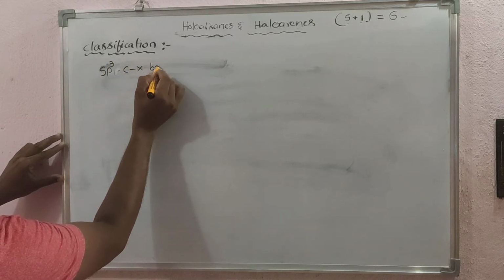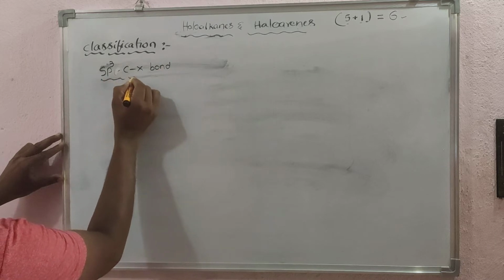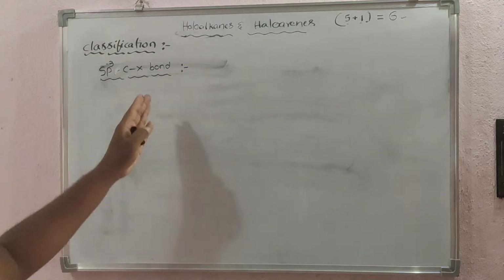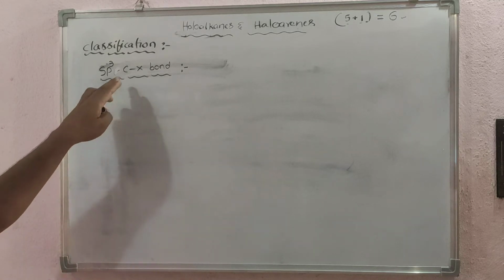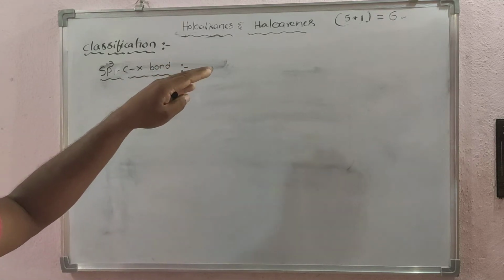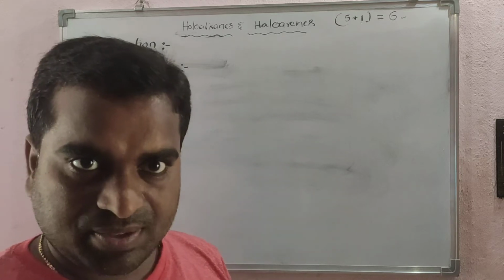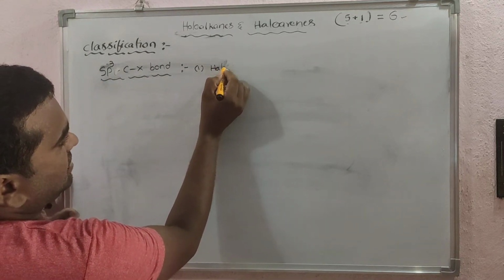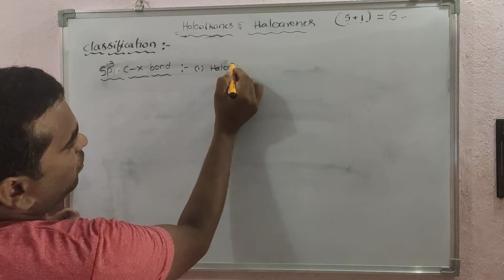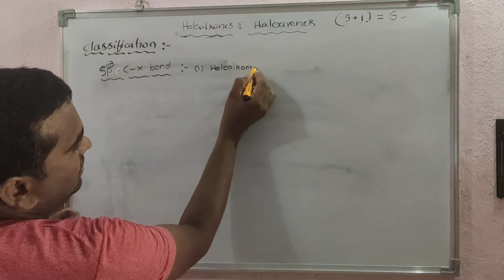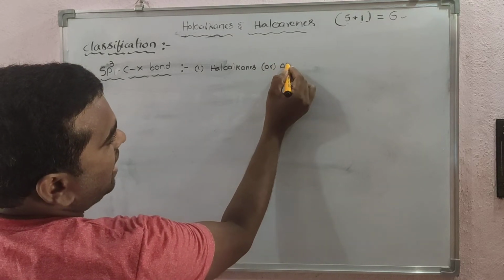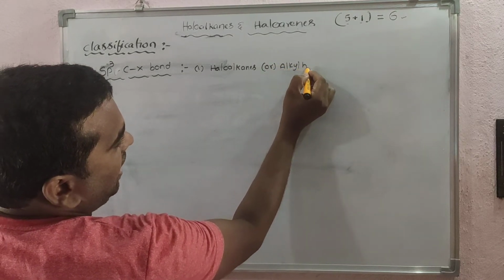sp3-CX bond. Based upon which one? sp3-CX bond. And these are sp3-CX bond containing compounds. We have three categories. The first one is haloalkanes, or we can also call them alkyl halides.